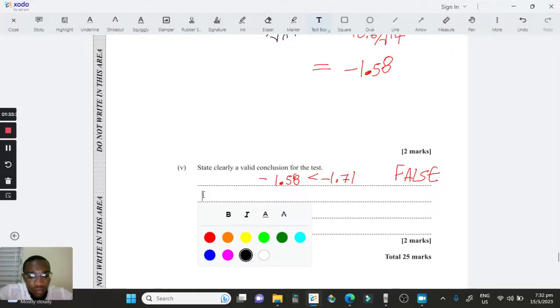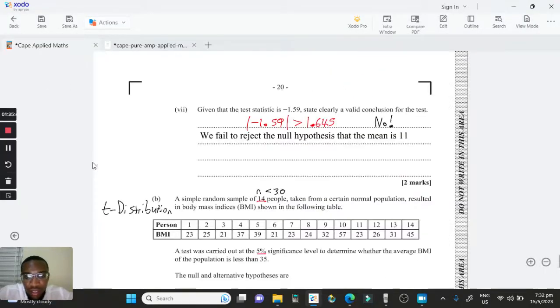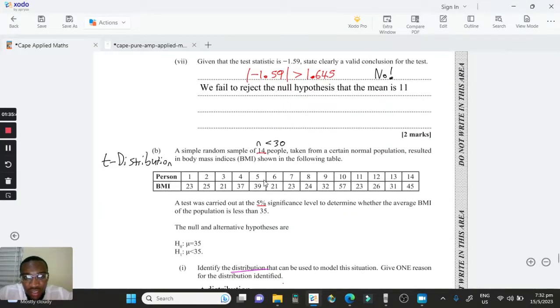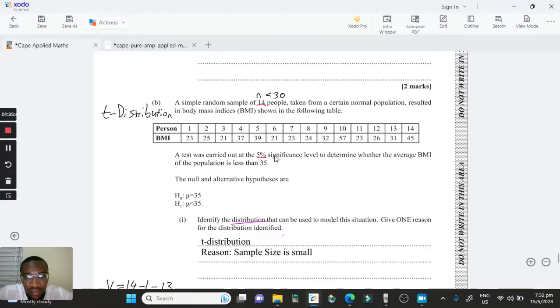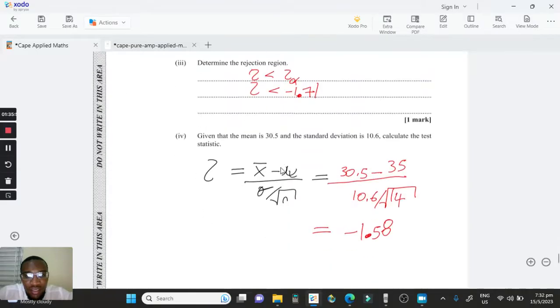So we're going to tell them we fail to reject the null hypothesis. What was the null hypothesis again? We'll go back, and we fail to reject the null hypothesis that the average BMI is equal to 35.